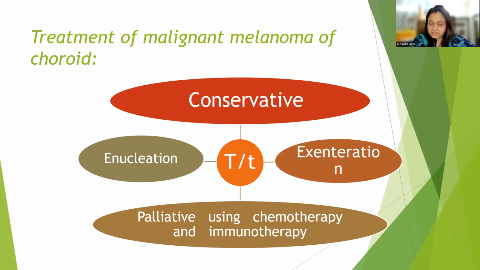If the tumor is in the intraocular cavity, then we have to do enucleation. If there is extraocular extension or distant metastasis, then we have to do exenteration. And after that, we do the palliative treatment using chemotherapy and immunotherapy. So these are the treatment lines of malignant melanoma.